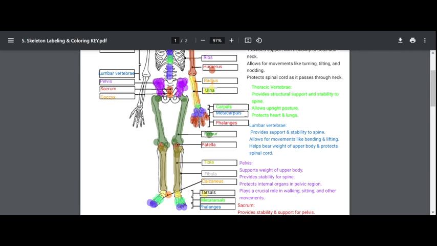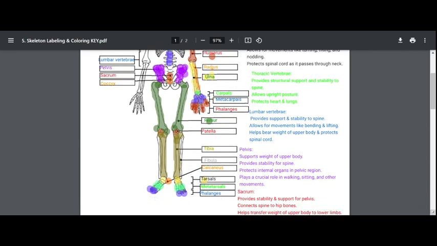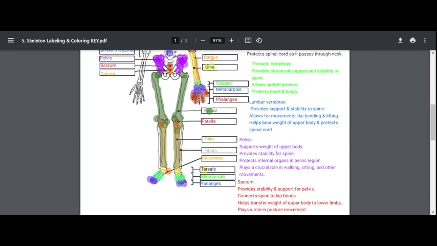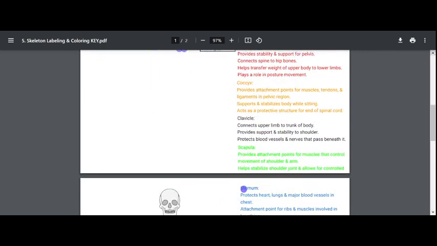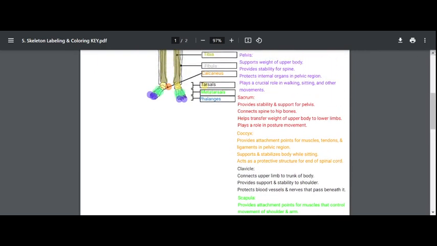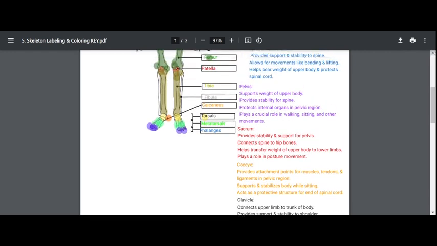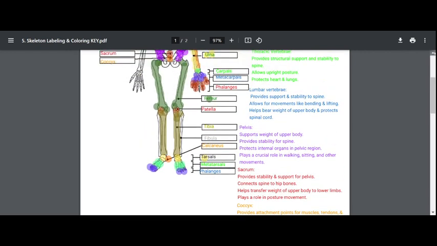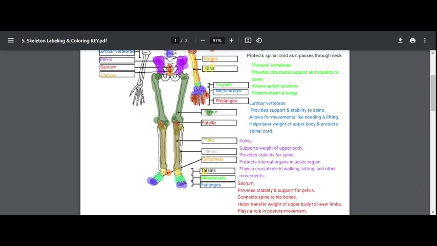Okay, so then up next we have the sacrum. So you guys have seen the sacrum before in your text, or you should have at least.